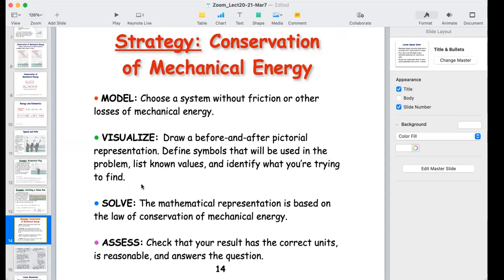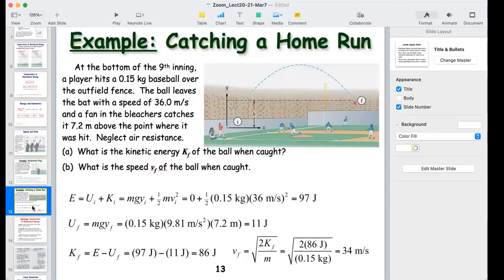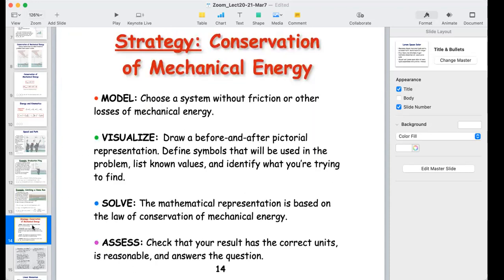Then to solve, the mathematical representation is based on the law of conservation of mechanical energy. And then assess: check that your results have the correct units, are reasonable, and answer the question. Okay, so I think this is pretty much everything you need to do for the conservation of mechanical energy.